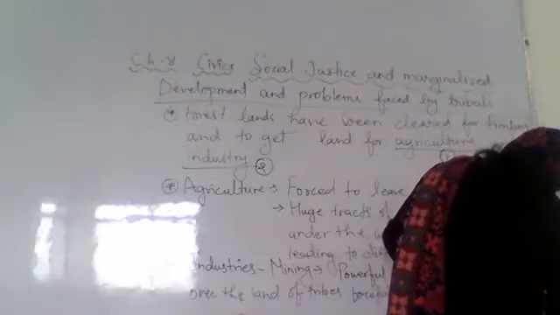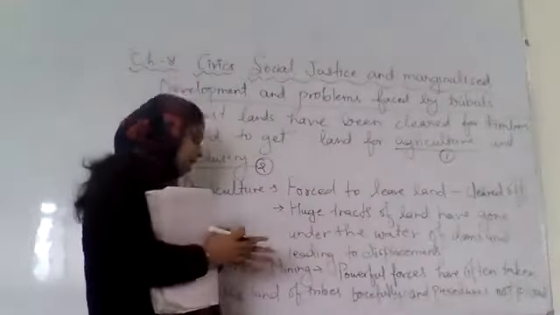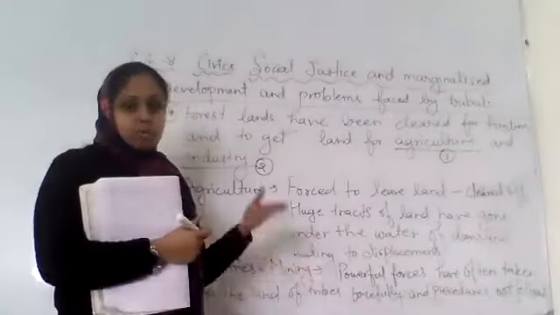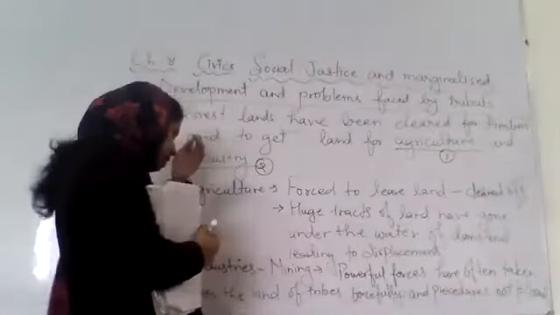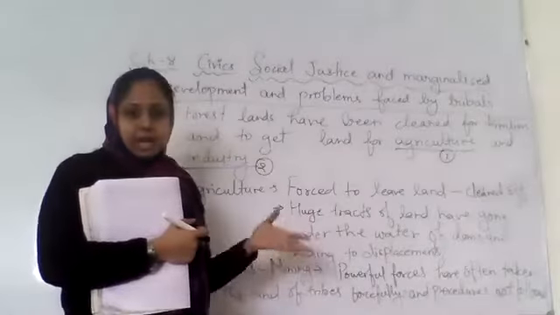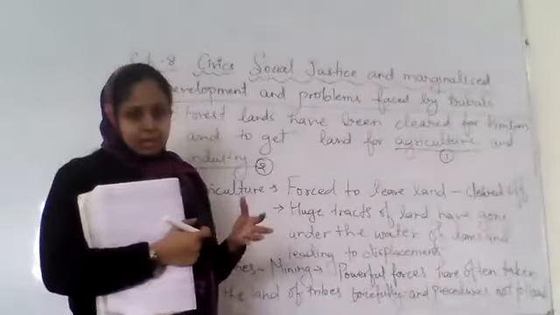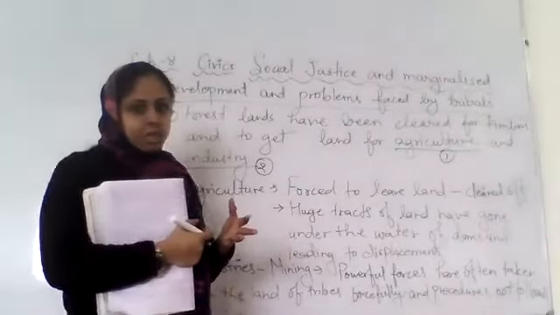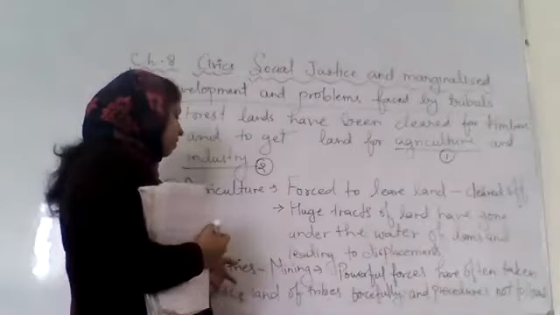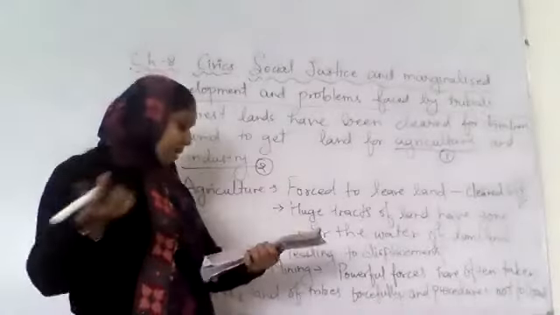So what did powerful people do? They applied force. They forced tribal people to give up their land, and also they did not follow any kind of procedure. Understood?